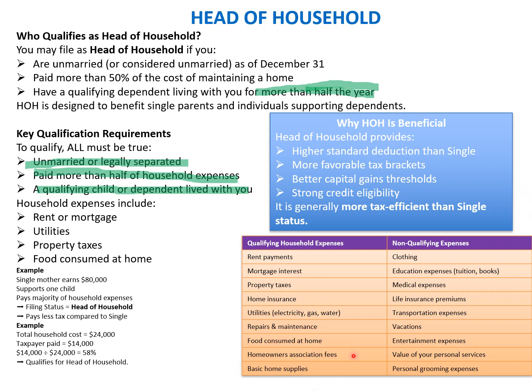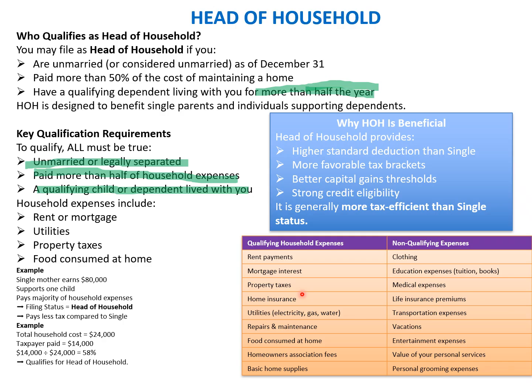What are not considered qualifying are clothing, education expenses, medical expenses, life insurance premium, transportation expenses, vacations, entertainment expenses, value of your personal services, and personal grooming expenses. This is not an exhaustive list, but just to give you a flavor of what constitutes qualifying household expenses.